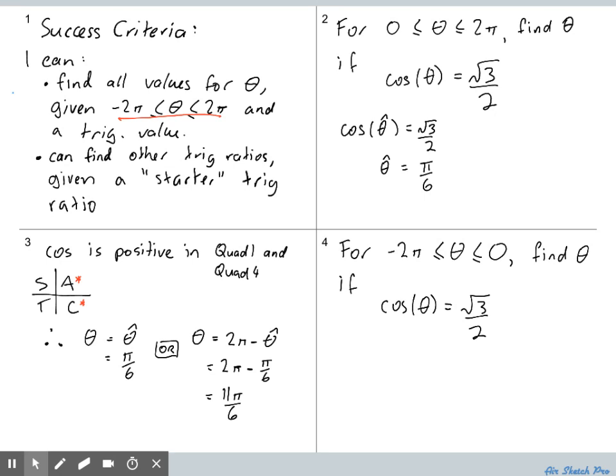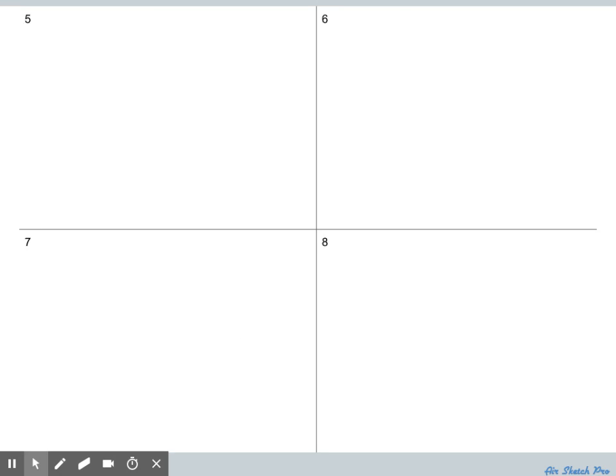So it's basically the same problem as above, except a different range, because I want to flick to the next screen for a moment just to explain what theta being between negative 2 pi and 0 would look like. Then I'm going to give you a chance to try and work it out yourself. So these are for negative rotations. This is what I mean by negative 2 pi to 0. It's a negative rotation.